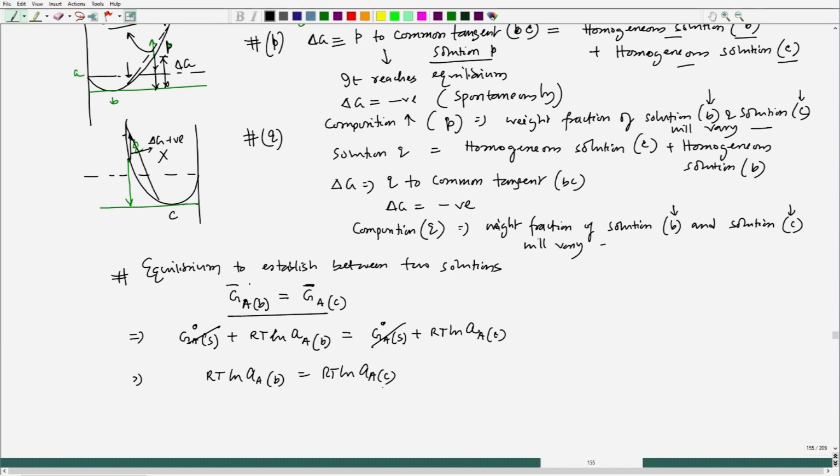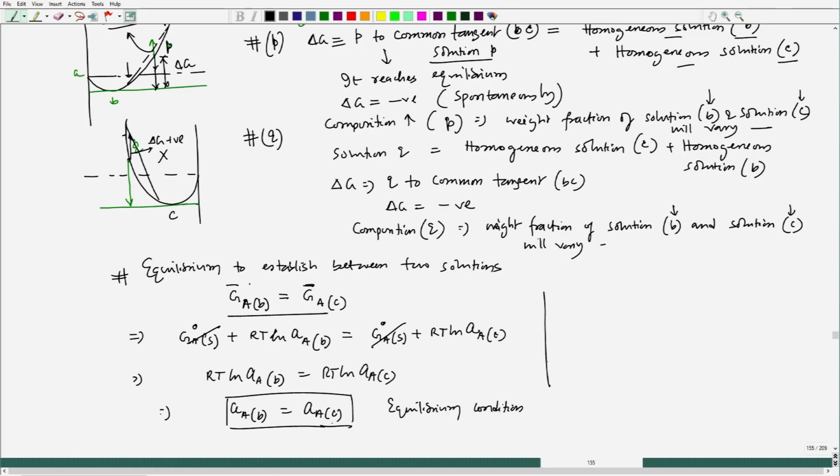B and C are basically two solutions. So, I can write a_B equal to a_C. So, I see that even with activity we can relate the equilibrium condition.